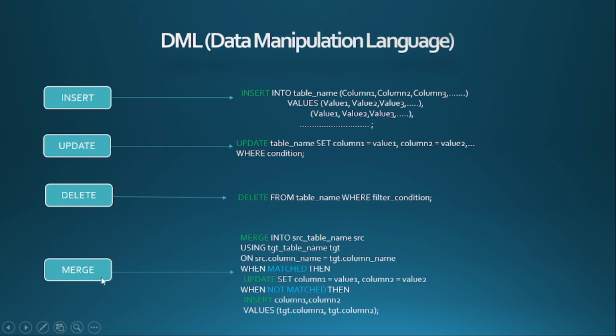The syntax for merge is: merge into source table using target table on the source and target common column. If you have multiple columns, we can use multiple AND conditions with source and target. When this common criteria is matched, when the data is matched with the rows, it performs an update of the set of columns.